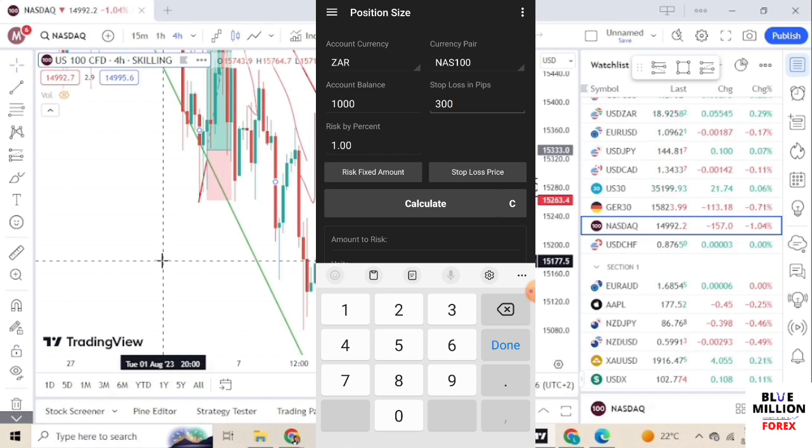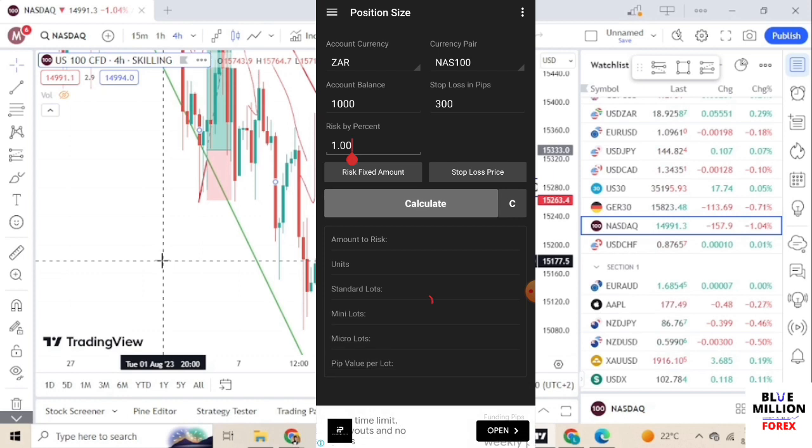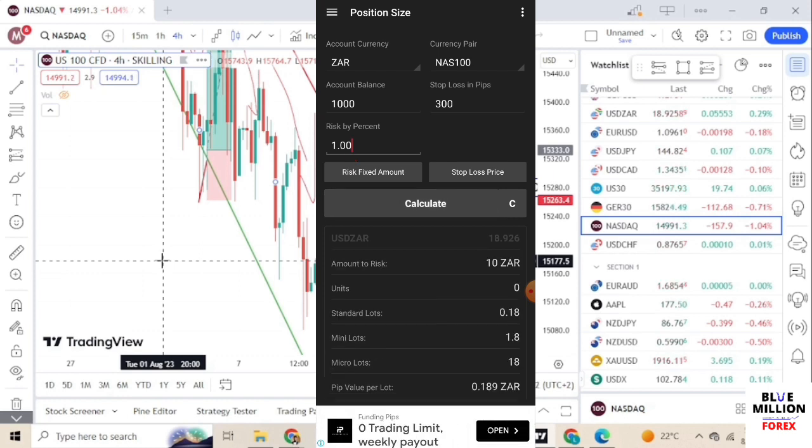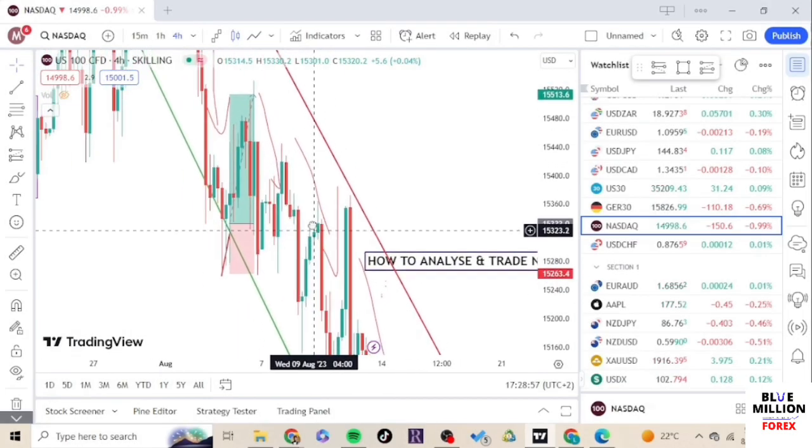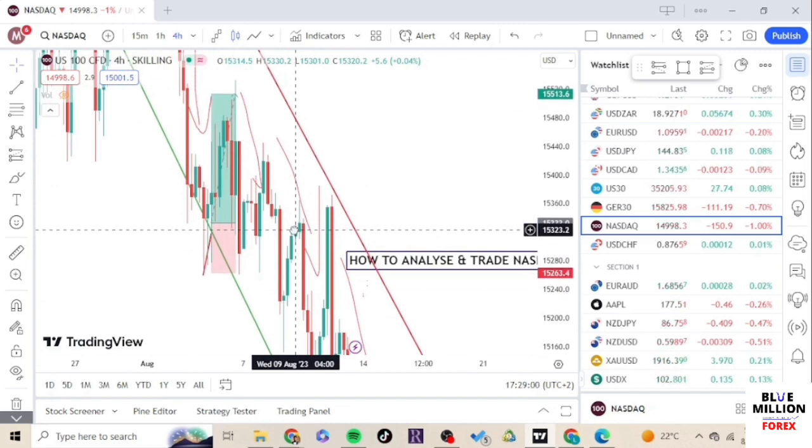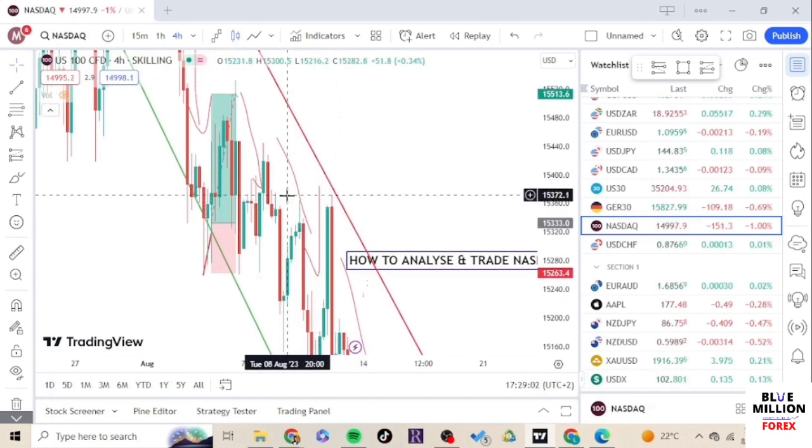It's not 30 pips, because as you can see, NASDAQ is based off of 15,000, not just 1.111. It's 15,000. If you want to risk 1% and you click calculate, it will tell you that to risk 1%, you'll need a standard lot size of 0.18. The amount to risk is 10 rand, depending on your leverage and your trading account. That is how you can calculate your position sizing when trading NASDAQ 100.